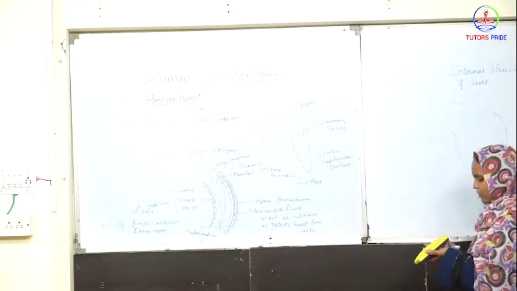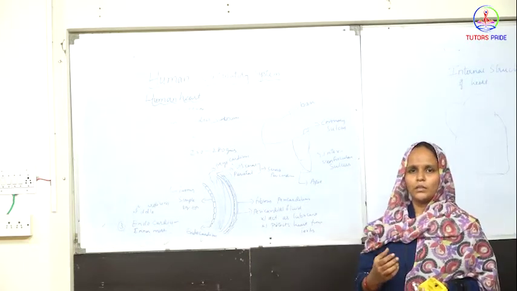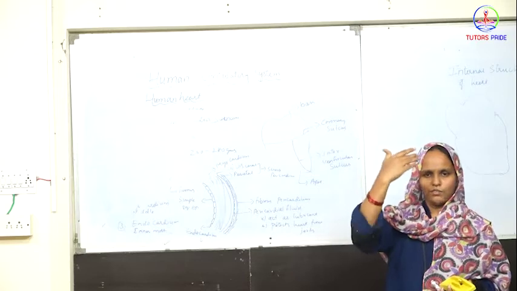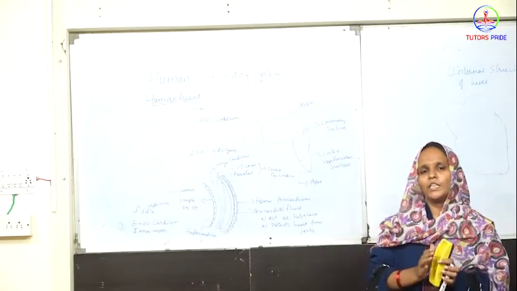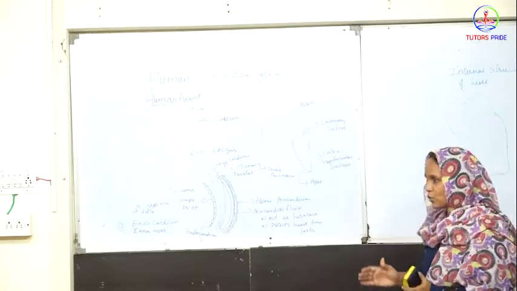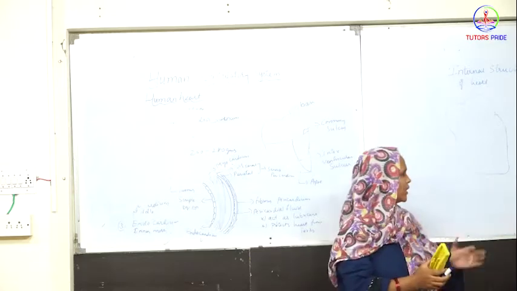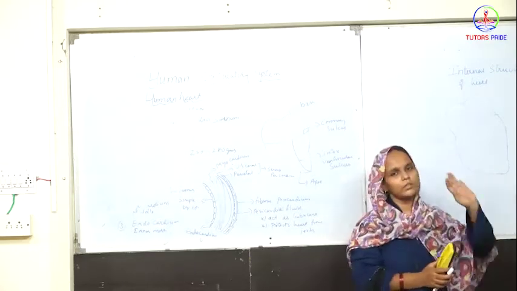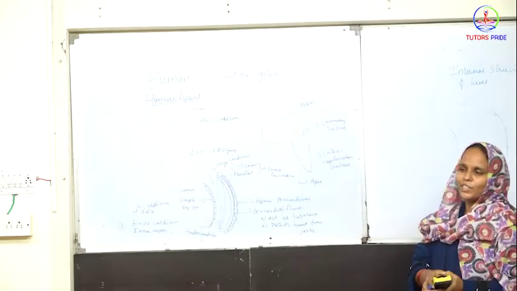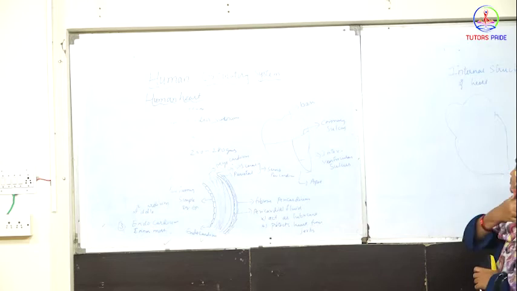If we talk about symmetry, it is when an organism is cut into two halves and each half gets equal parts. In the case of the heart, it is not like that, because the apex is quite towards the left side. So in this heart region, we cannot say that it shows symmetry.